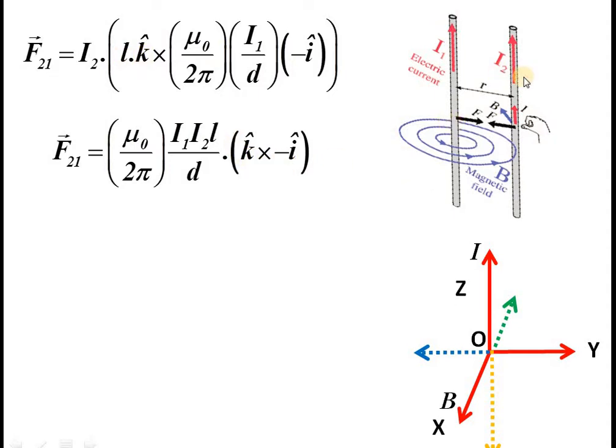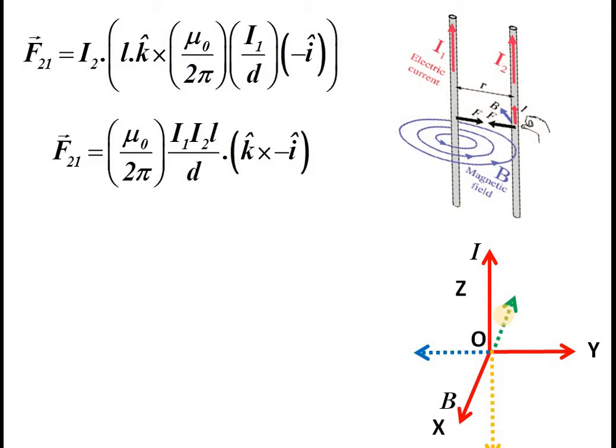K cap is like this, and minus i cap is downward. So when you rotate from k cap to minus i cap, it is like rotating a right hand screw in the anti-clockwise direction.